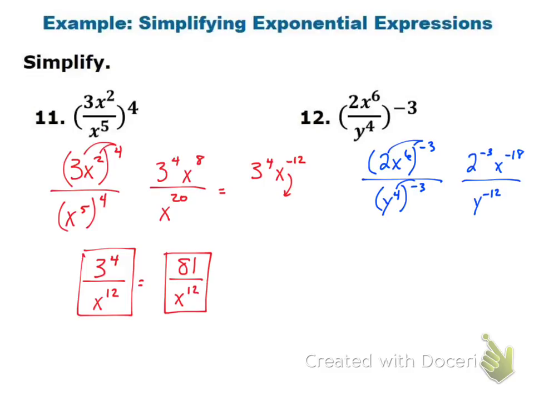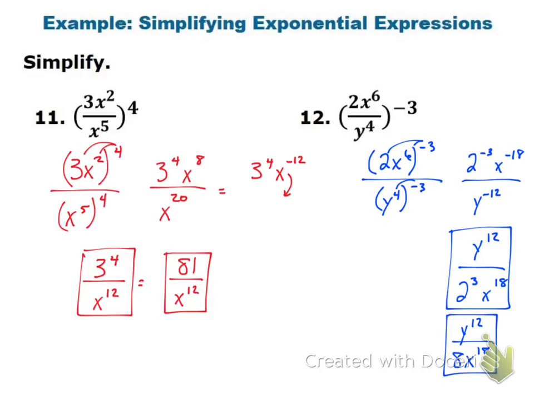Everything's negative, so everything's going to flip. I get y to the 12th on the top, and then on the bottom, I get 2 to the 3rd and x to the 18th. If I didn't want to write it that way, this is a totally good answer, and I could write it as y to the 12th over 8x to the 18th. Either of those answers are good.